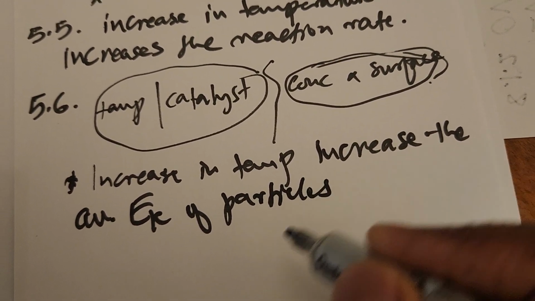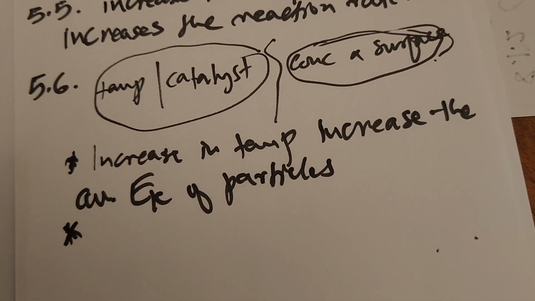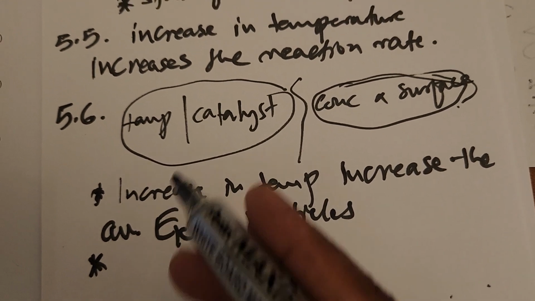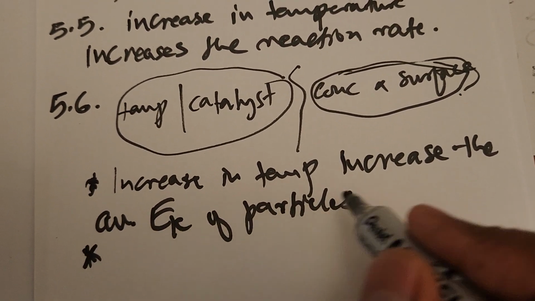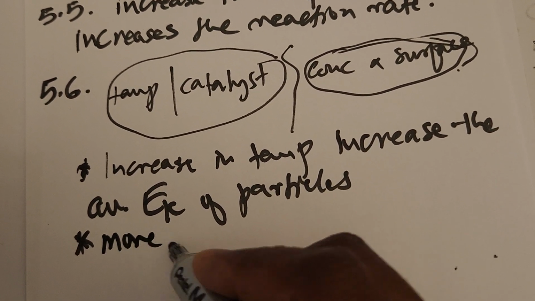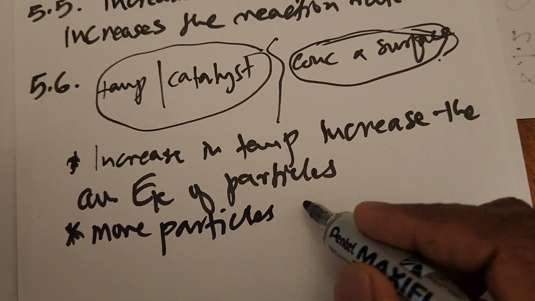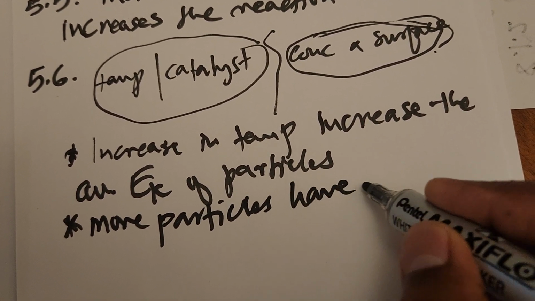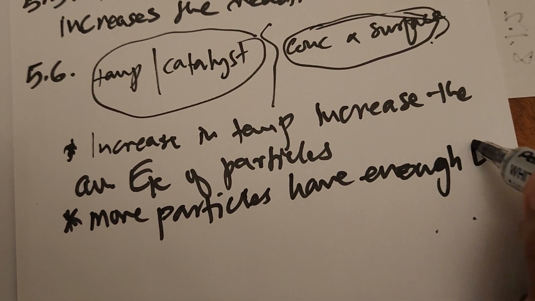That is 1 mark. The second mark, this is normally 4 marks, but anyway they're giving us 3 because they already say the radius increased. The second one, once the average kinetic energy of particles has increased, therefore more particles have enough kinetic energy.